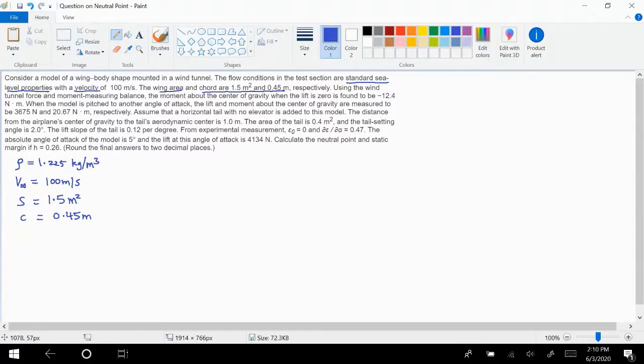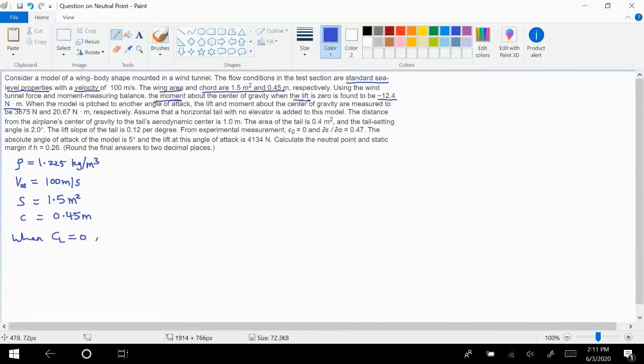Using the wind tunnel force and moment measuring balance, just like what we have in our lab, the moment about the center of gravity when the lift is 0 is found to be minus 12.4 Newton meter. Note it just says lift, it doesn't say lift coefficient.